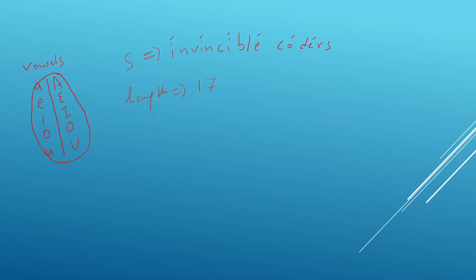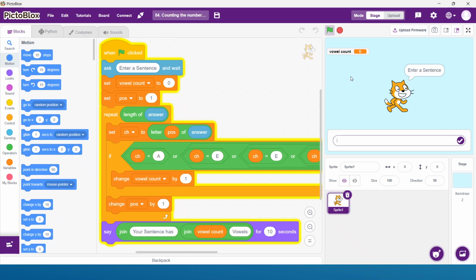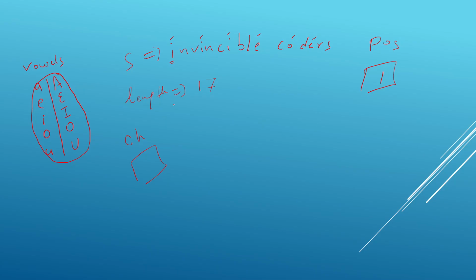We are using one more variable, that is ch, and inside this we are storing the first letter, because the starting position defined by us was 1. Here you can see position is 1. So the first letter will be stored in ch, that means I will be stored in ch.